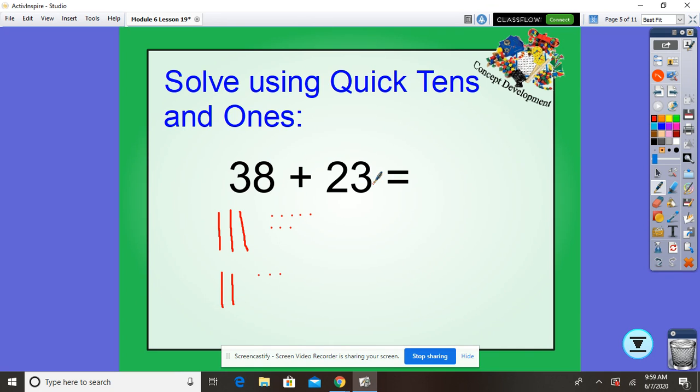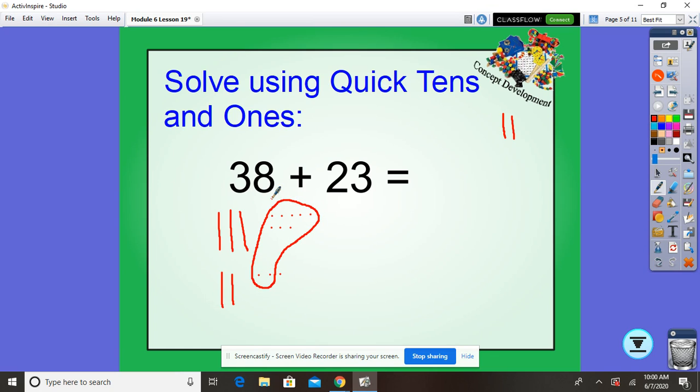8 plus 3. Let's count up. 8, 9, 10, 11. But 11 is bigger than 10. So I have to group it. So I'm going to group 10.